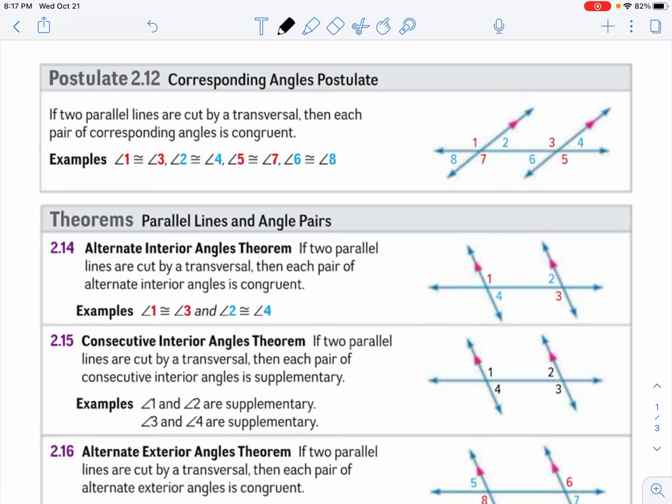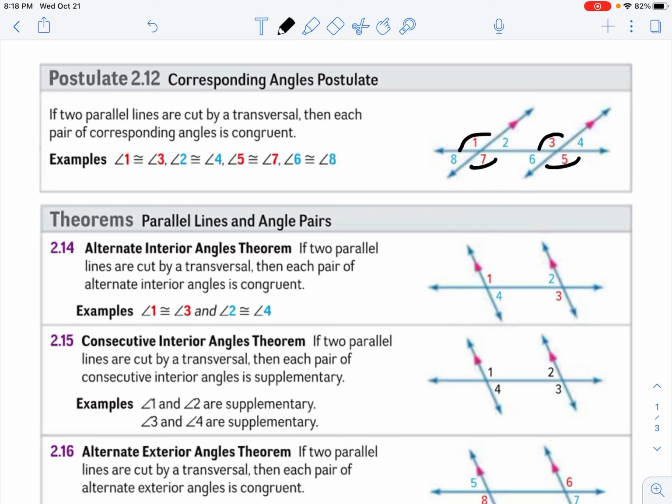Got a lot of postulates here. They go pretty quick. In class, we're going to go way more in depth with this, so if you have questions with it, maybe ask. But the basic premise of what we're talking about here, if we have two parallel lines as seen on this picture with a transversal running through, this is the easiest way I can put it. 1, 7, 3, and 5 are all congruent.